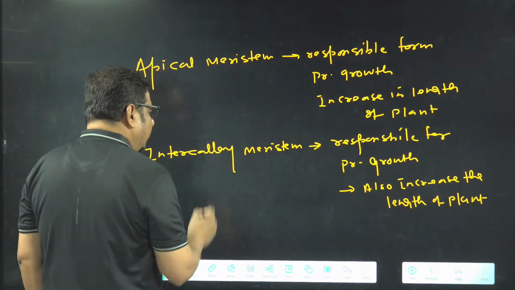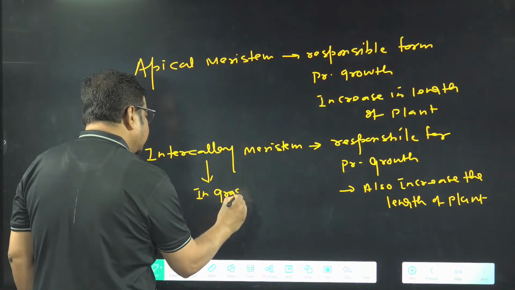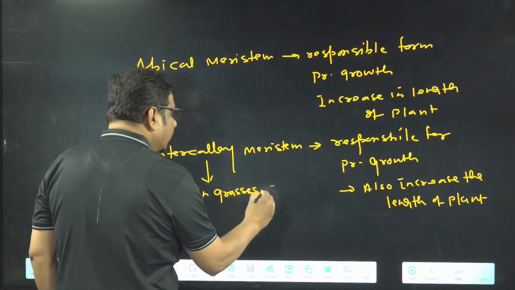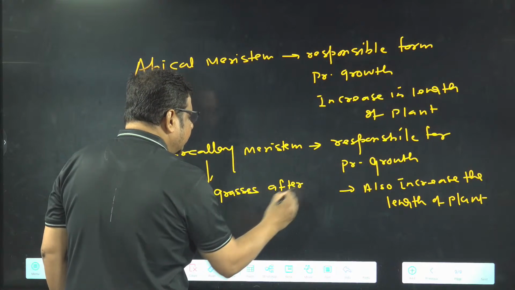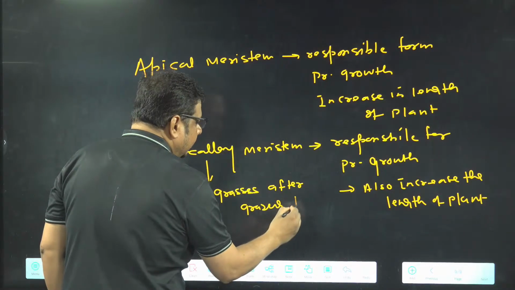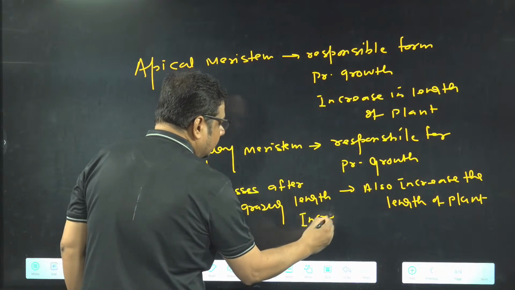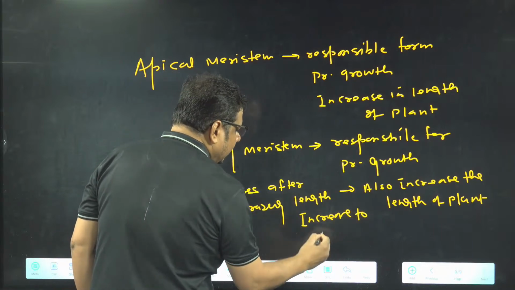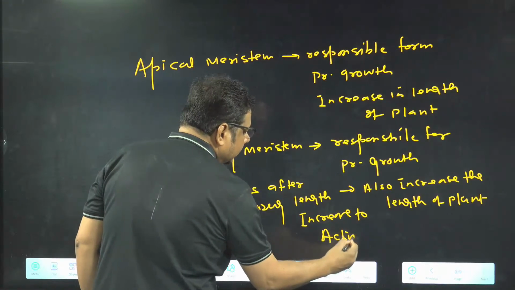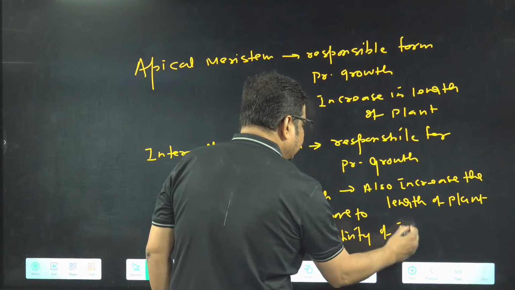Okay, what did NCERT write? In grasses, these line paper sets are asked. In grasses, after grazing, length increases due to the activity of which meristem? Intercalary meristem.